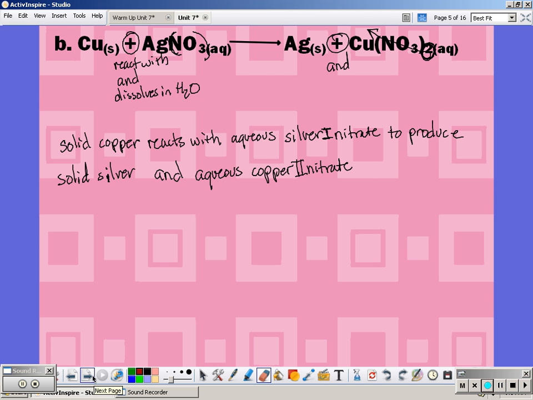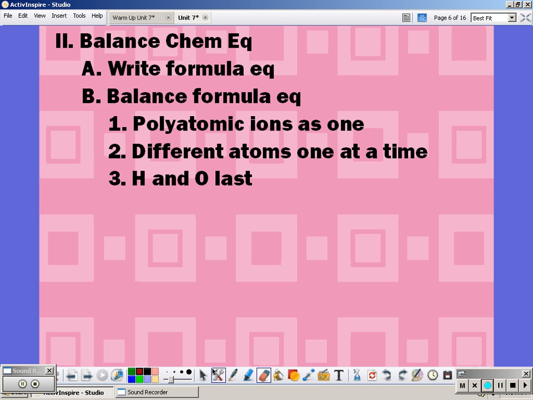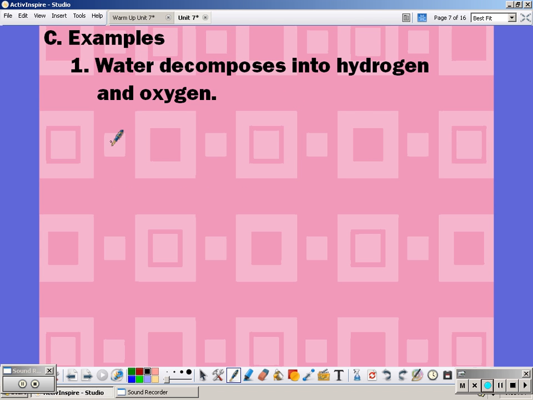To balance the reactions, we're going to make sure that we have a formula reaction first. We're going to balance polyatomics when they appear on both sides. We're going to balance one atom at a time. And then one of our tips is to save hydrogen and oxygen to last. So for example, I have water, H2O, decomposes into, that would be my yield, hydrogen and oxygen.